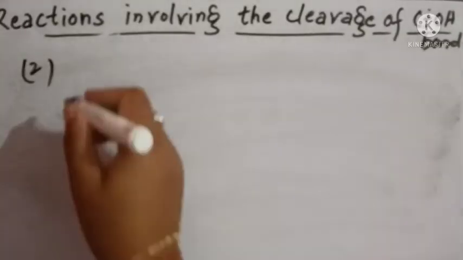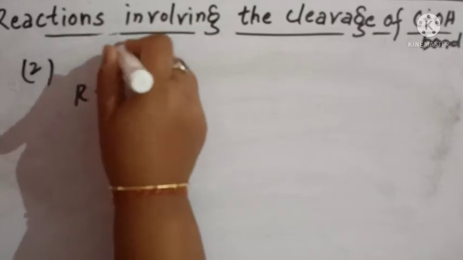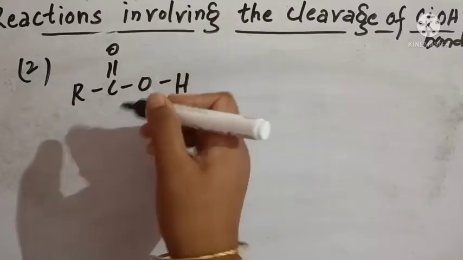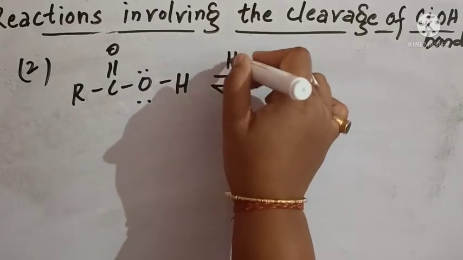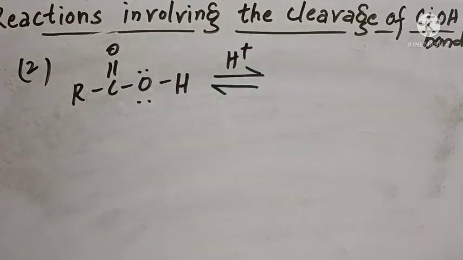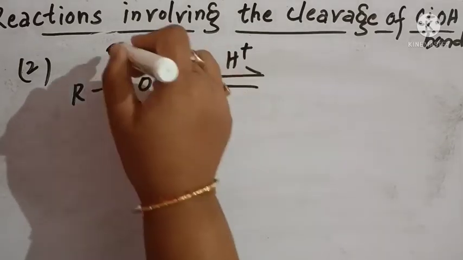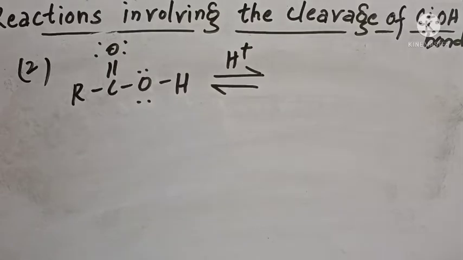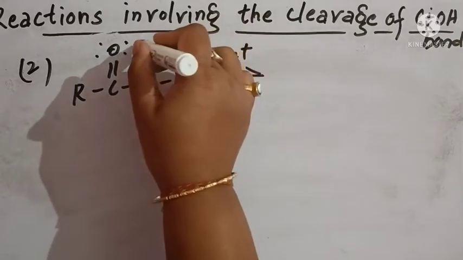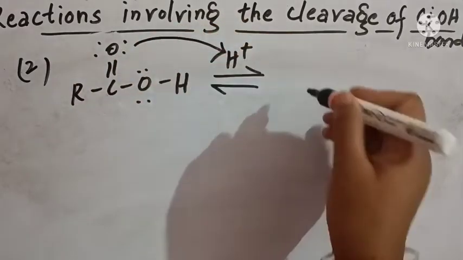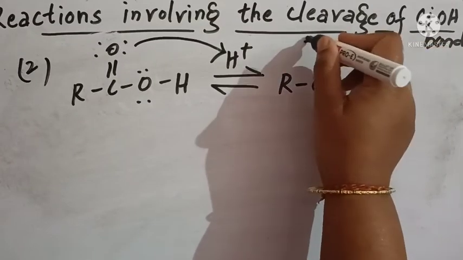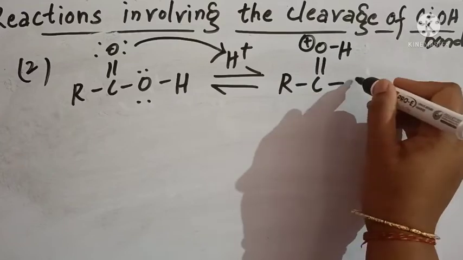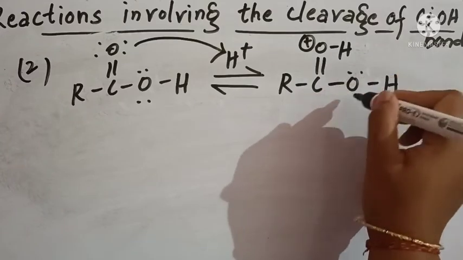So first, what will happen if I write the general reaction? The oxygen contains a lone pair of electrons, so that will attack the H plus ion. So the protonated carboxylic acid will form.